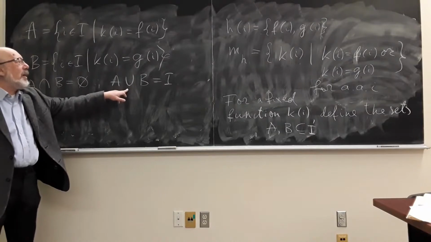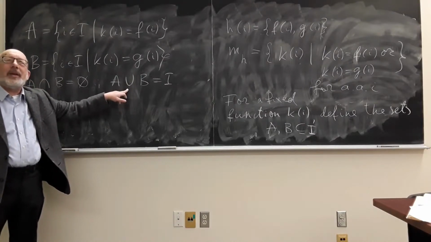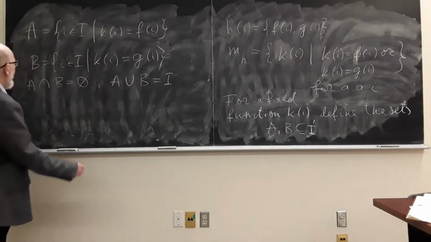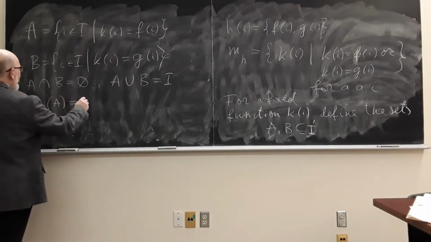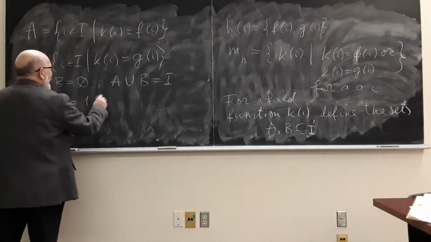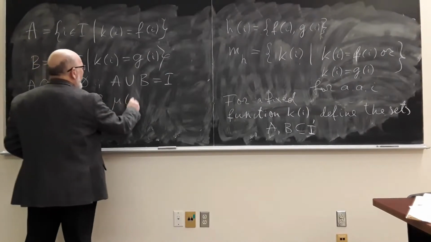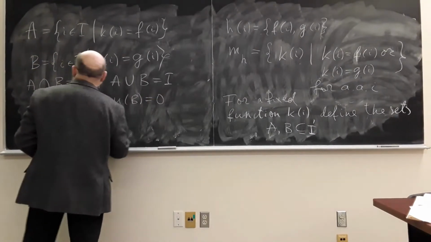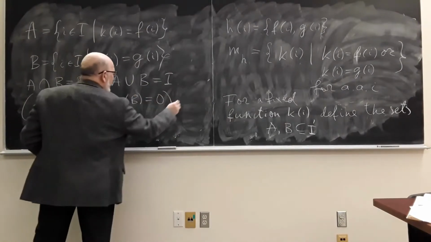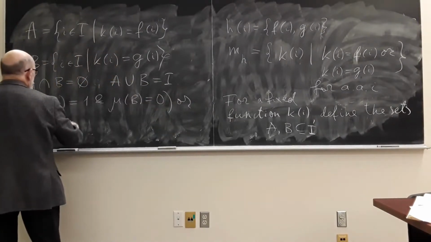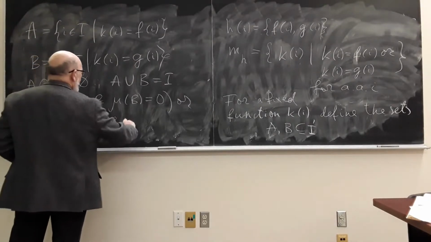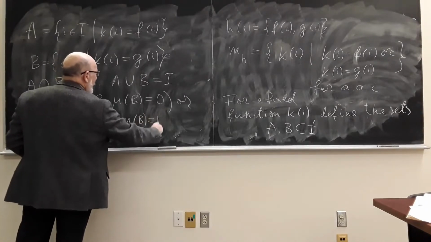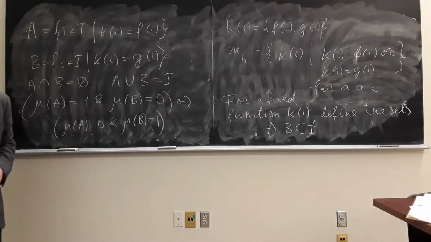So what does it mean? We have the property of ultrafilter that mu of A equals 1 and mu of B equals 0, or mu of A equals 0 and mu of B equals 1.